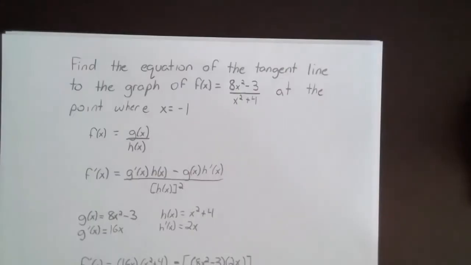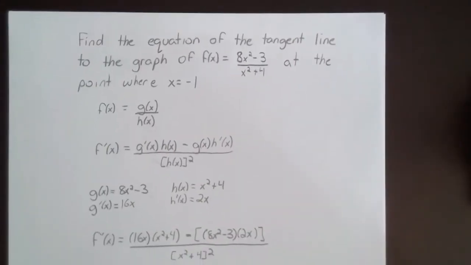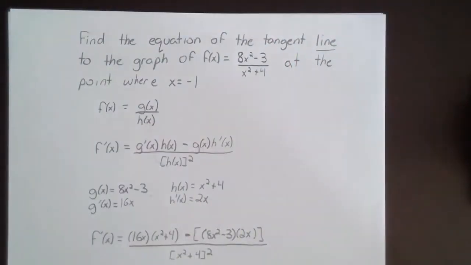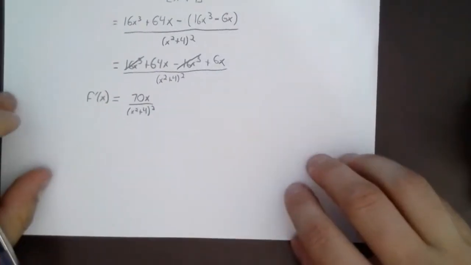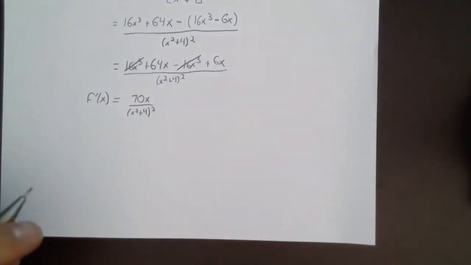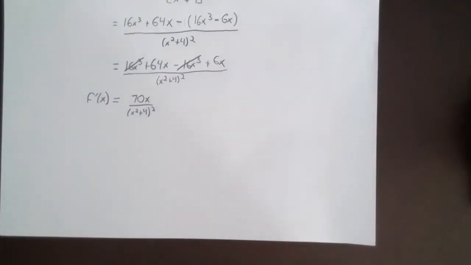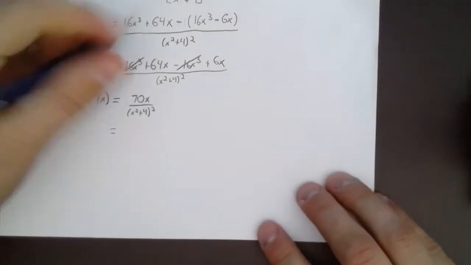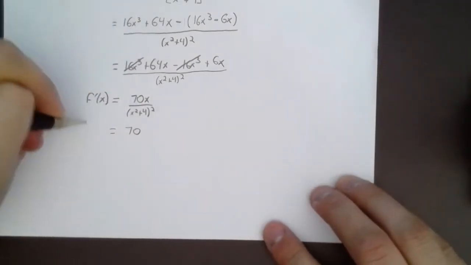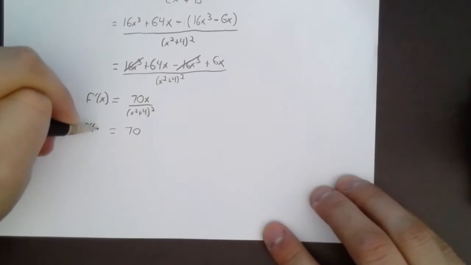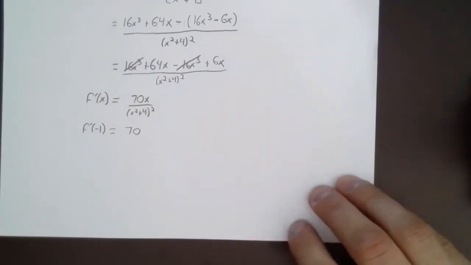Now, initially my question was asking me to find the equation of the tangent line to the graph of this function at the point where x equals negative 1. Now that I've found my derivative, I can plug in x equals negative 1 to find the slope at that point. So we're going to sub in negative 1 into my derivative.